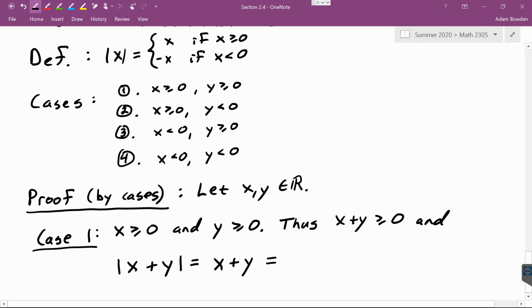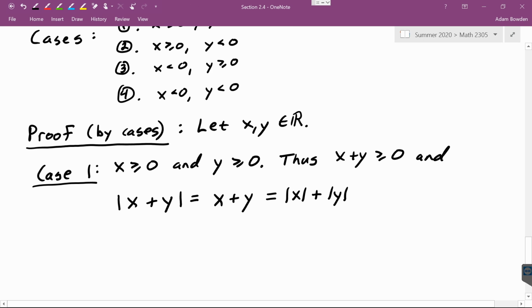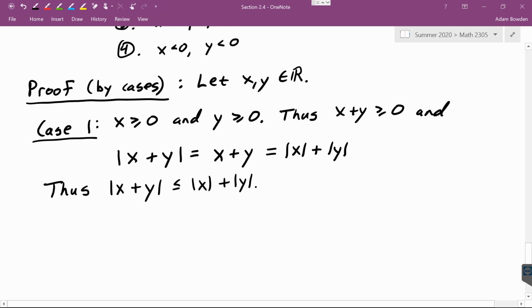And that's equal to the absolute value of x plus the absolute value of y, since they're equal by definition. And so as a result, we can say the absolute value of x plus y is less than or equal to the absolute value of x plus the absolute value of y. It's not less than, it still says equal to, but we can assume it's going to be one of the two.